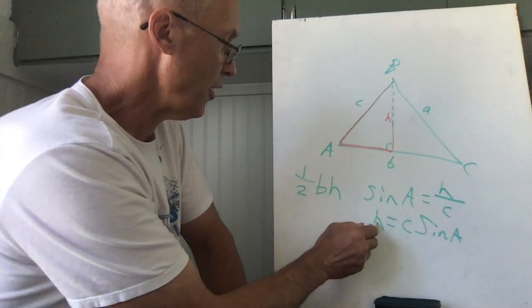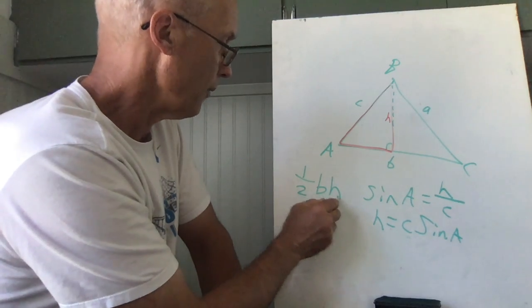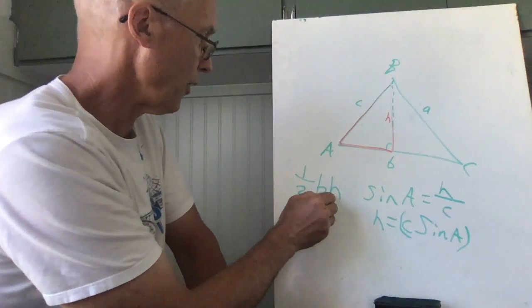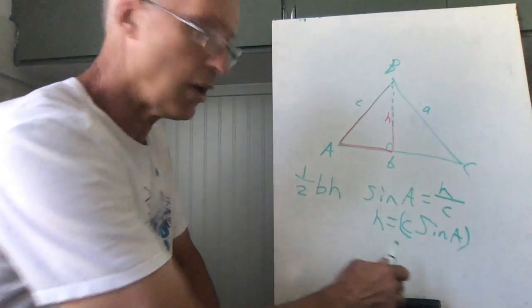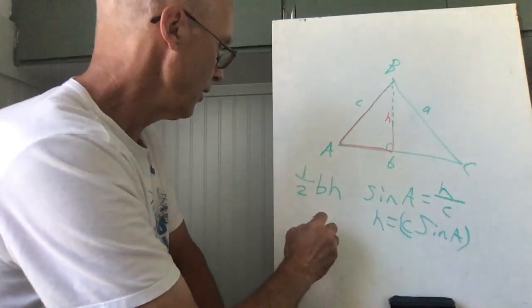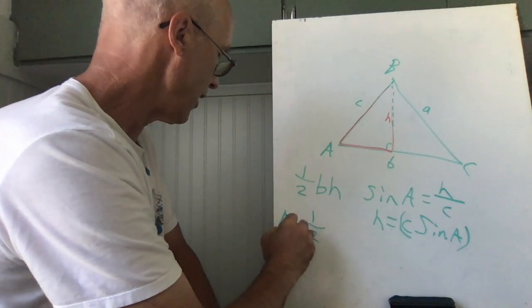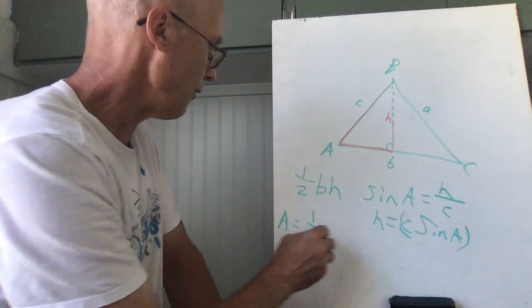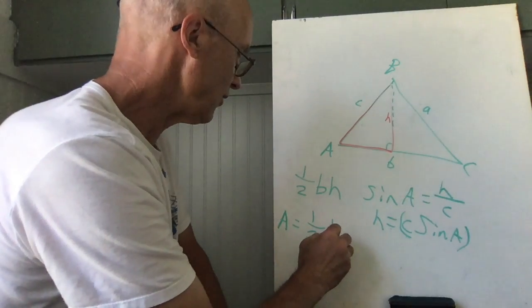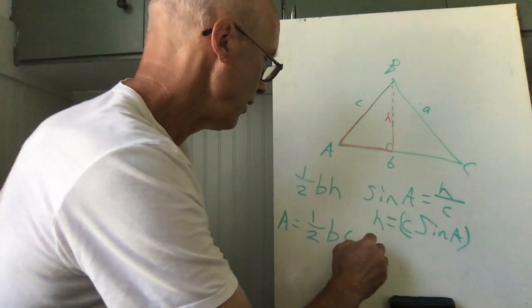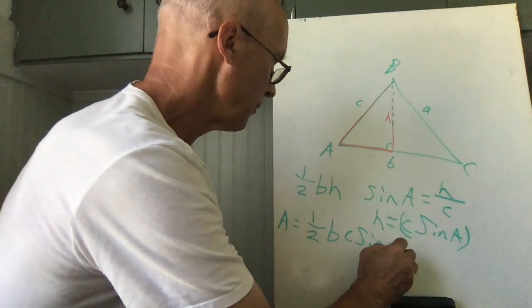We have h here and we have h there, so we're going to substitute this in for h. I'm trying to make sure this gets on camera. So area equals 1/2 base times c sine A.